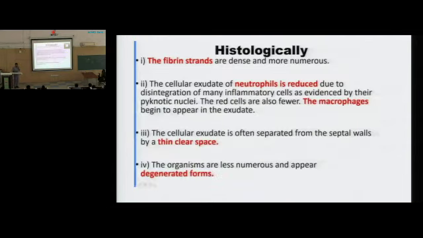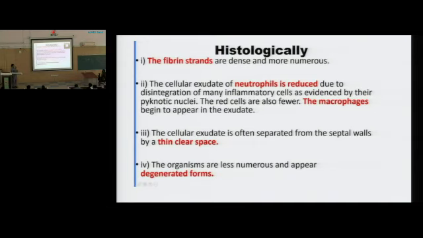So what will happen in the stage of resolution? Dense and more numerous fibrin strands will appear. The cellular exudate like neutrophils is reduced in number due to the disintegration of many inflammatory cells, as evident by their pyknotic nuclei. The red cells are very decreased in number or very few. The macrophages begin to appear and they will try to engulf the material.